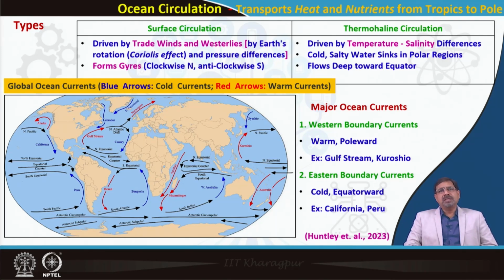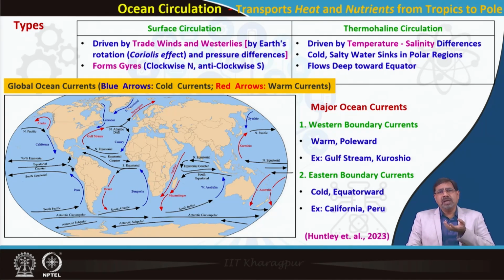Friends, we have cold salty water that sinks in the polar region. As all of us know, the polar regions are cooler than the equatorial region. So in the polar region, the water is cold and more salty. As we know, salty water is heavier than less salty water.